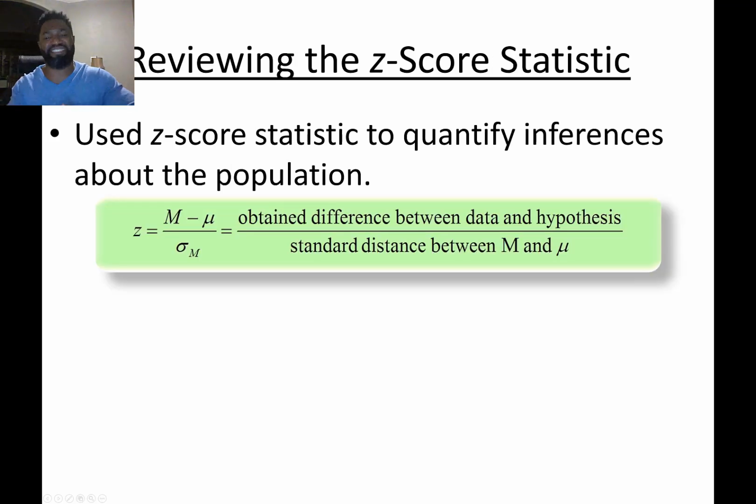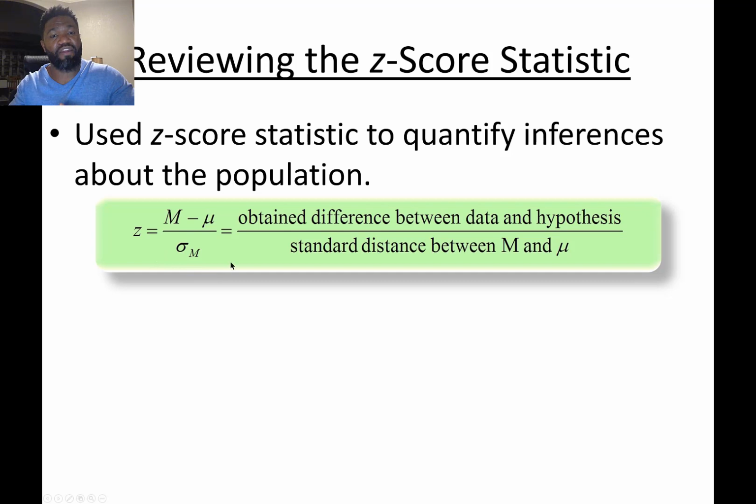In terms of the z-score statistic, what we've done so far with the z-score distribution and those different types of problems is use the z-score statistic to quantify inferences about the population. And what we always had was an obtained difference between our data, what we found in the sample, and some hypothesis, which was some population parameter or population mean that I gave you as part of the formula.